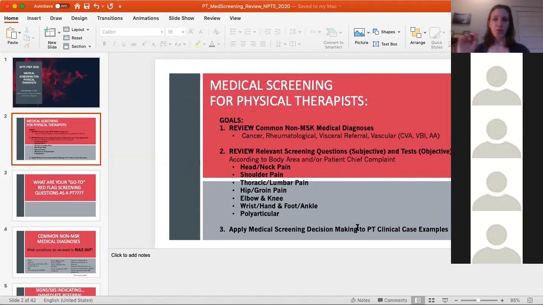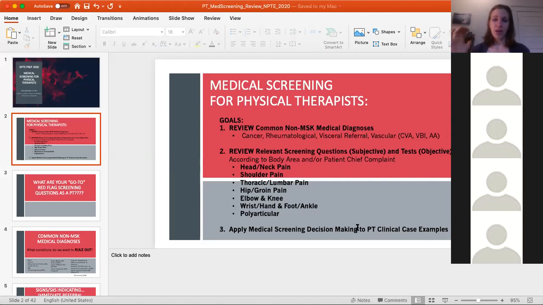Are they not? Do we need to refer? Who might we refer to based on the cluster of signs and symptoms that we're seeing and what we suspect may be their medical diagnosis? Not that we're making that diagnosis, but it's always nice to have an idea in our head of what is plausible so we can get that patient to the right individual for care.